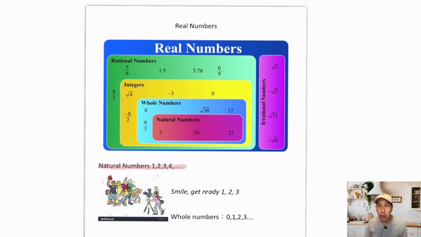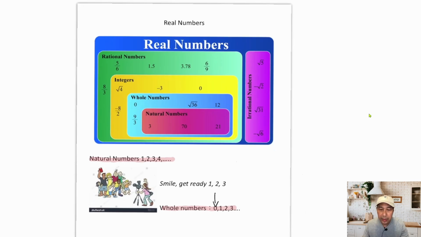The term natural reflects that early humans used this set of numbers for counting, such as counting their belongings like sheep or pigs. Whole numbers include 0, 1, 2, 3. The number 0 became important when people began trading goods with one another. The only difference between natural numbers and whole numbers is the number 0.